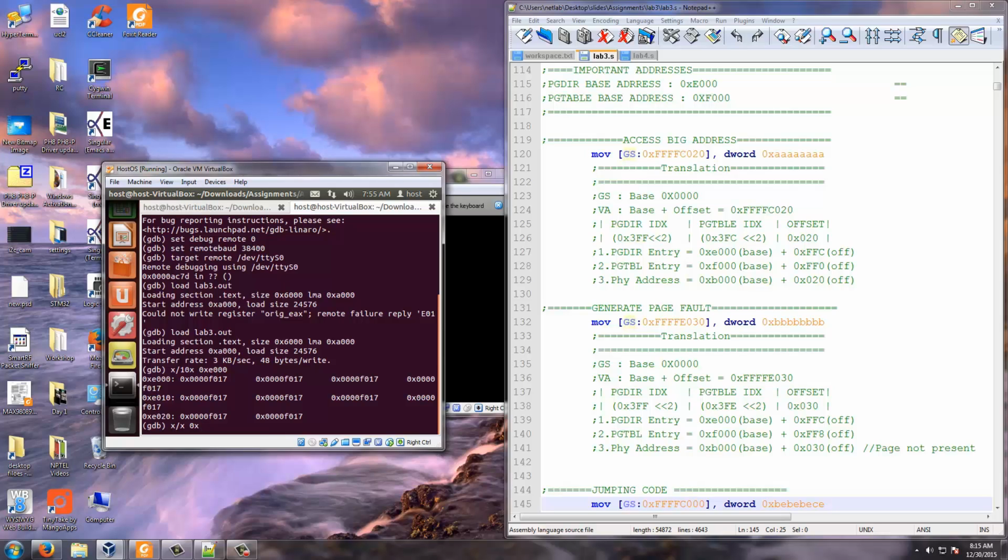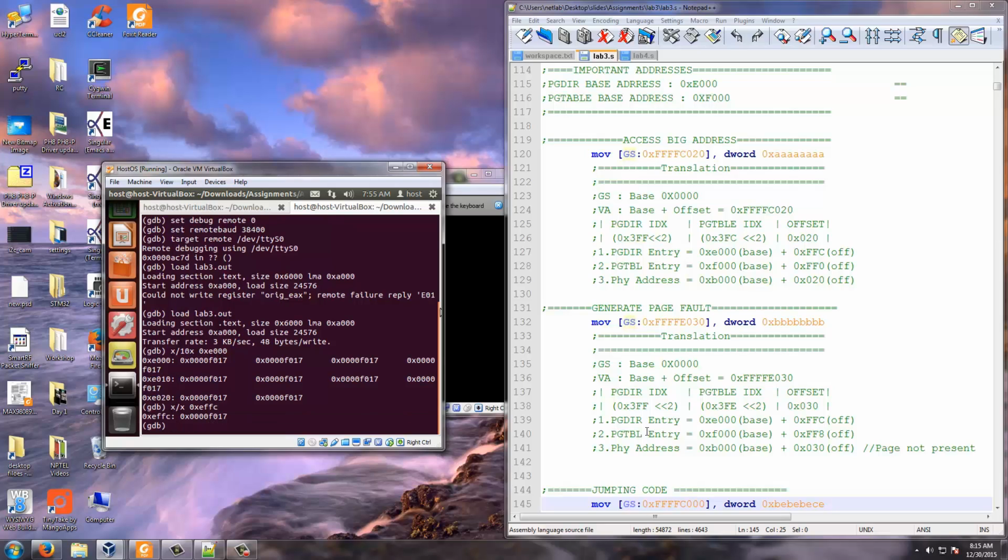Let us go and see 0xEEFFC. And so this is now pointing to the f1000 entry. So inside the f1000 entry, let us see what is there in f1000. So x/10x.